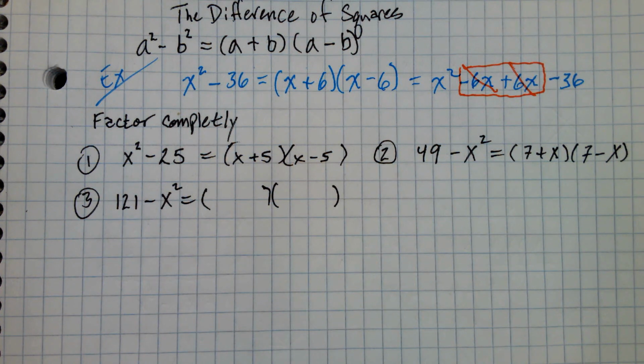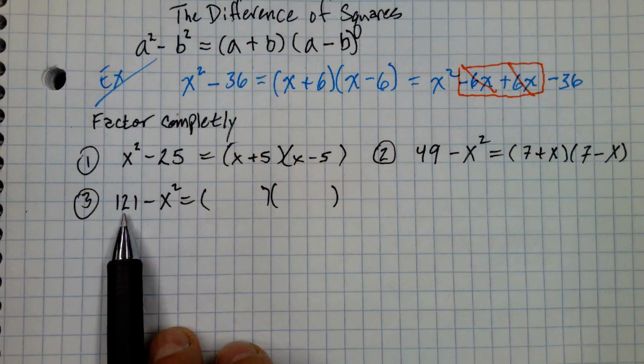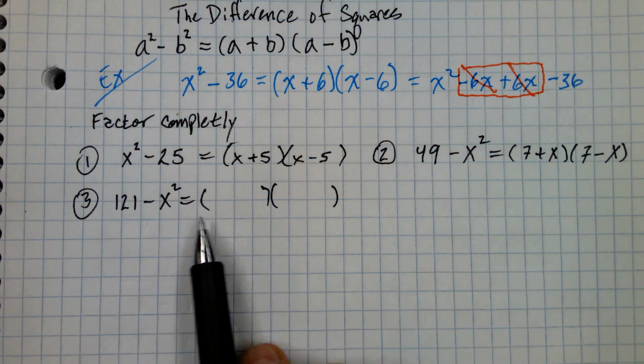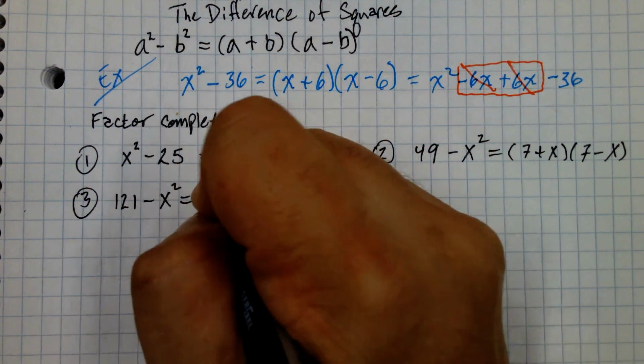What's that going to be? They're both perfect squares. 121 is a perfect square. X squared is a perfect square. What would come first? 11.